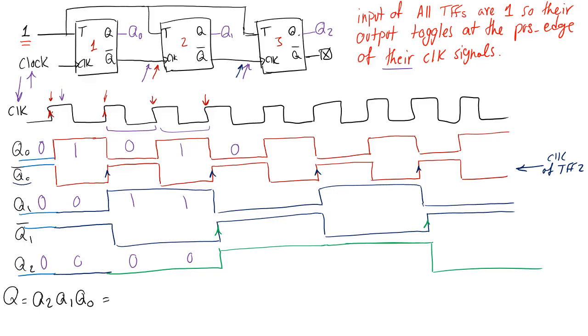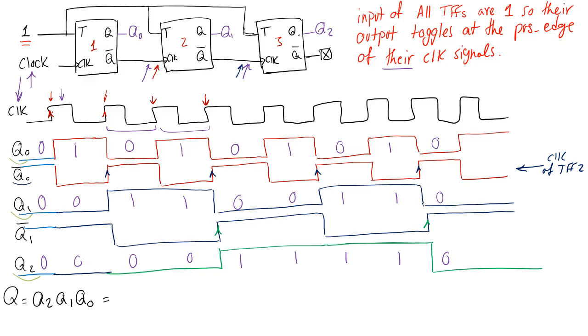Then a 0, 0, 1. 1, 0, 1. 0, 1, 1. And then 1, 1, 1. And then I go back to 0, 0, 0. So if I read these numbers from bottom to top, because this is Q2, this is Q1, and this is Q0, right?